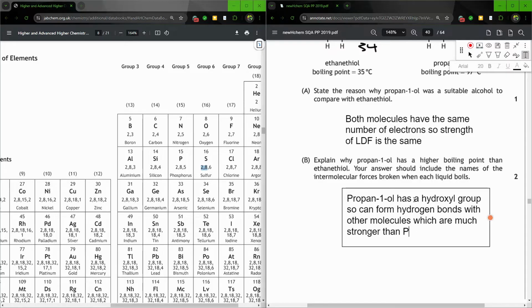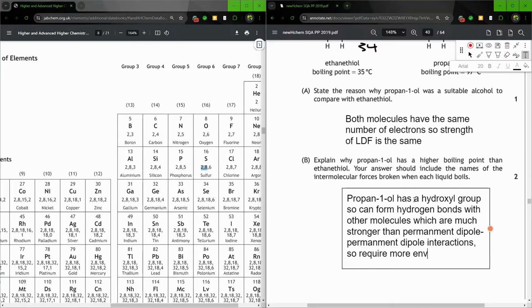We could say actually it's got the full name, permanent dipole. There's permanent dipole-dipole interactions. So it requires more energy to break these intermolecular forces, which are the strongest. Van der Waals forces, which are just a fancy name for intermolecular force, in ethanethiol.